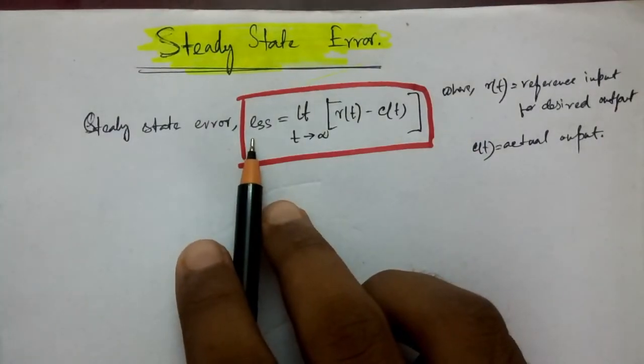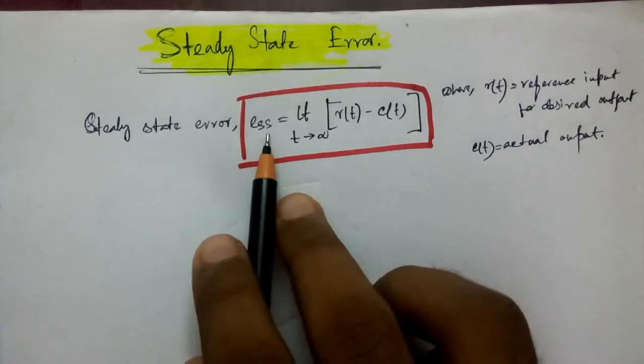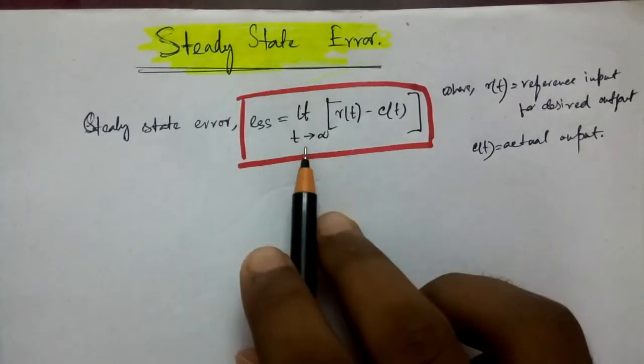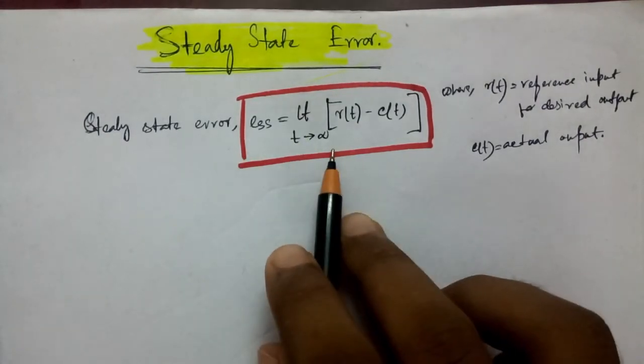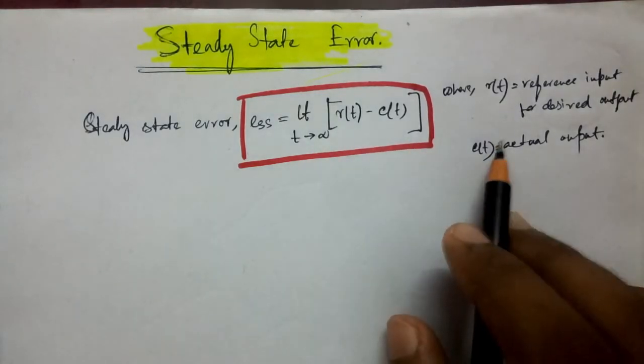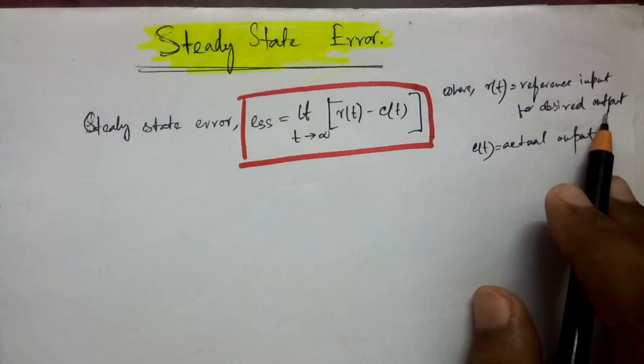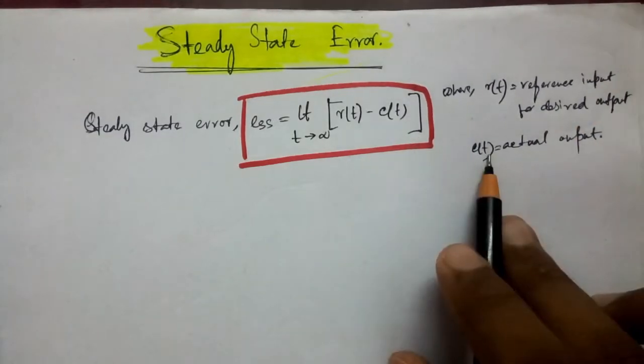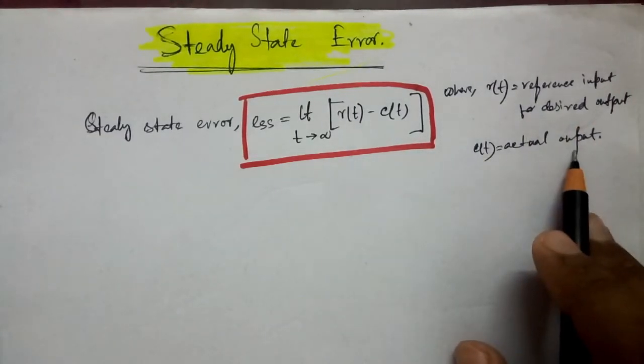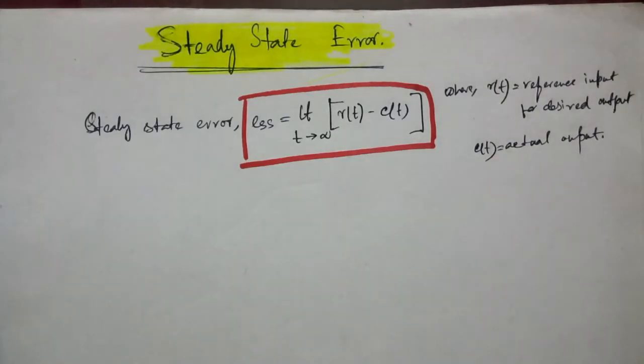We can write it as e_ss, steady state error, that is limit t tends to infinity r(t) minus c(t), where r(t) is the reference input for desired output minus c(t) the actual output. That will give us steady state error.